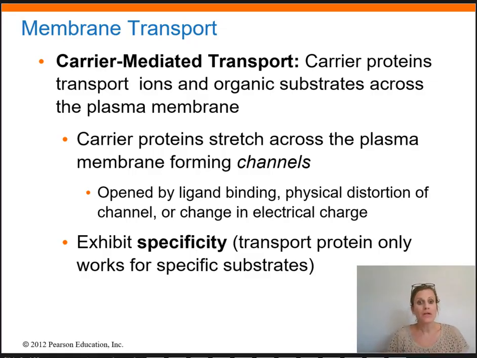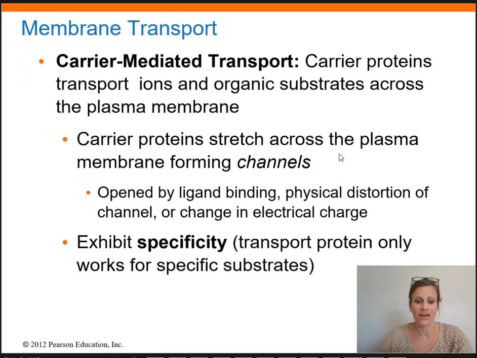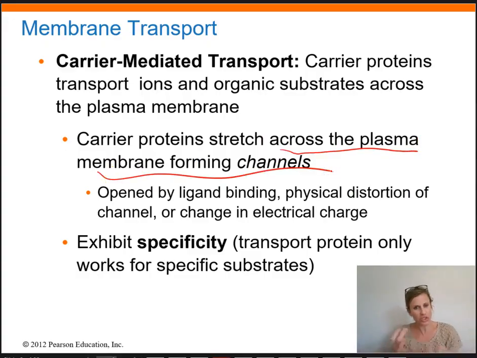Now we're going to talk more about carrier-mediated transport. Carrier-mediated transport is when there's a special protein that grabs onto something and transports it across the plasma membrane. Now, these carrier proteins stretch completely across the plasma membrane, forming little channels or pores.